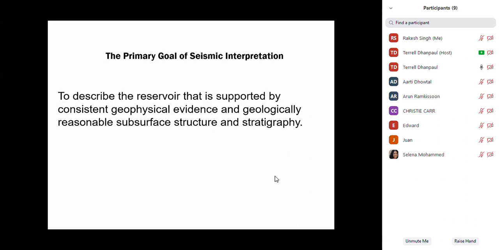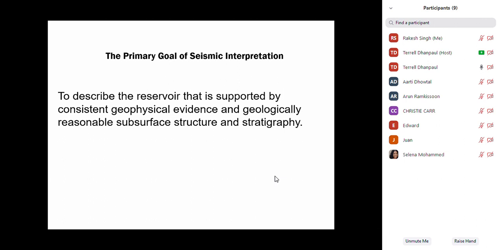So what is the primary goal of seismic interpretation? You all know this, but just for your review, it's basically to describe the reservoir that is supported by the geophysics and the geology, and understanding some of the subsurface structure and stratigraphy. So essentially, what you want to do is map your faults, map your surfaces of interest, and see what those structures are really telling you.